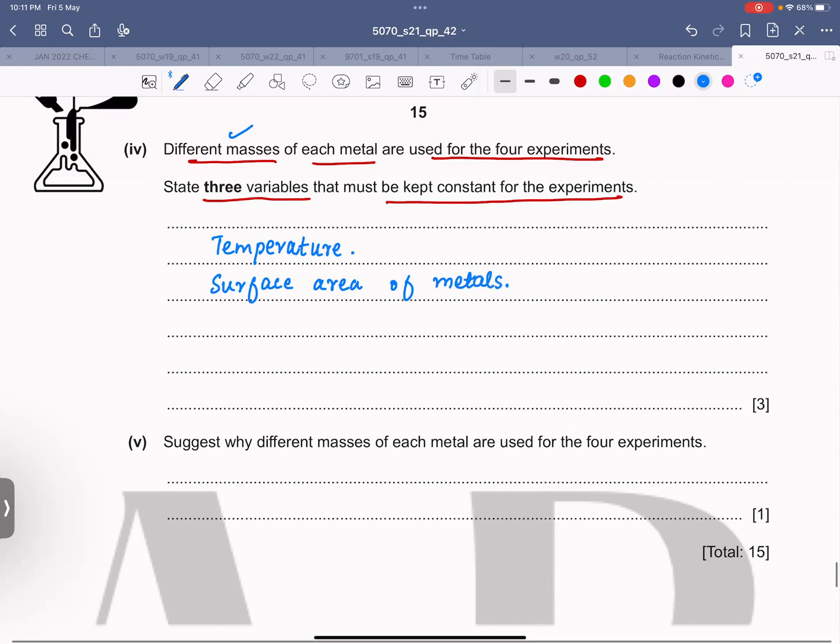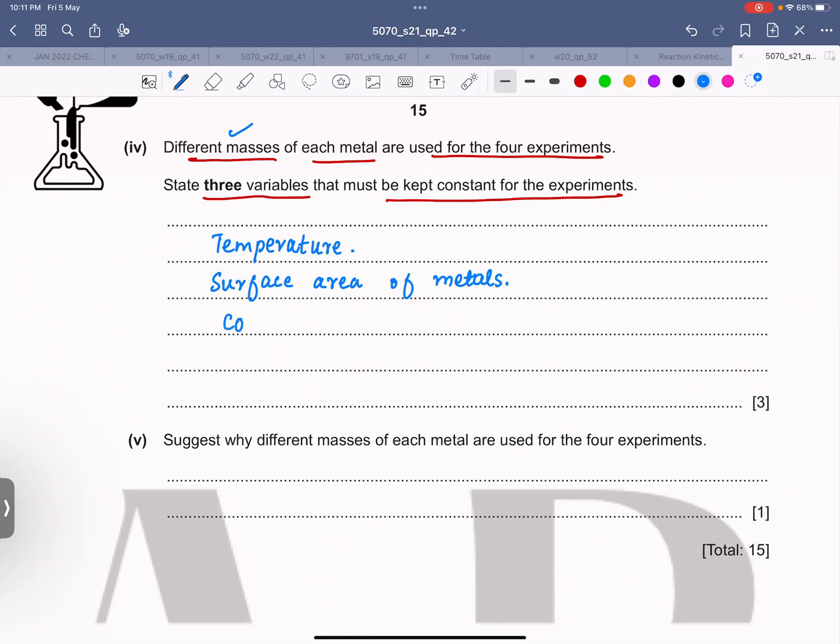And we are reacting the metal with the acid, so the concentration of the acid must be kept constant. Is this clear? Yes. So can we write volume of acid? But concentration is more significant.